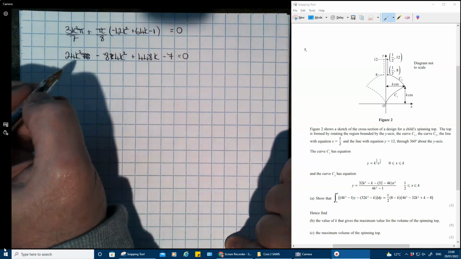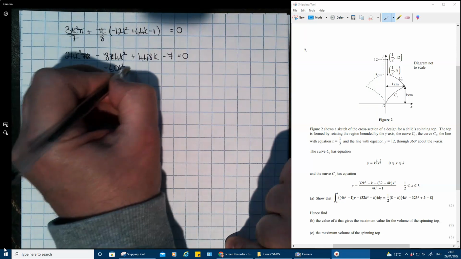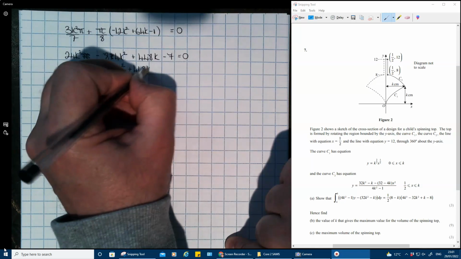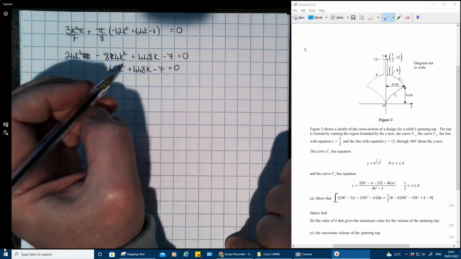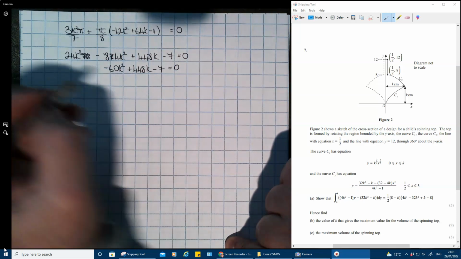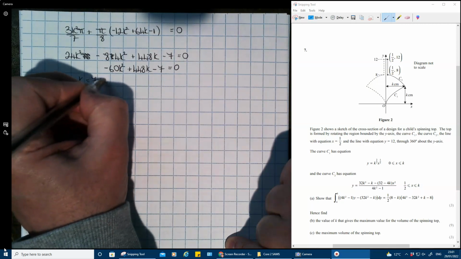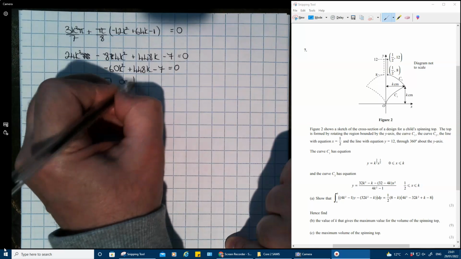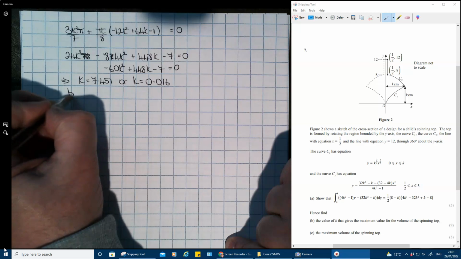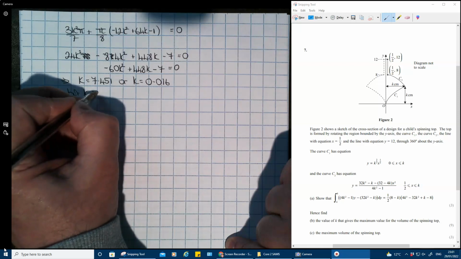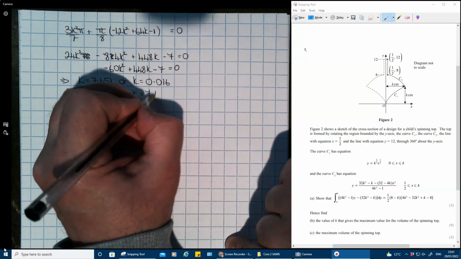Alright, so we get minus 60k squared plus 448k, take away 7 equals 0. So that gives us k equals 7.451, or k equals 0.016, but we know that k is greater than a half, so we've got k equals 7.45.